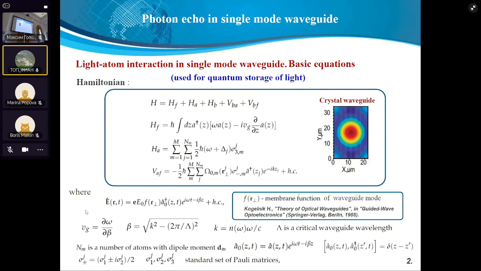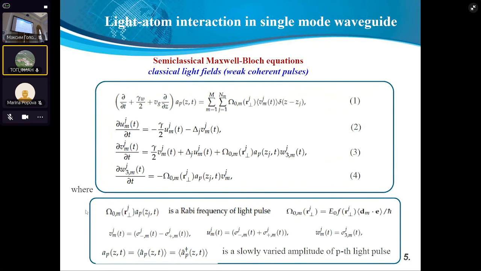This is the waveguide mode function. So in principle, it's possible to include all the properties of the waveguide in this system of equations. And after some very typical calculations, it's possible to obtain Maxwell-Bloch equations for the amplitude of light and Bloch vectors. And here we should take into account Rabi frequencies which are determined by the mode function.